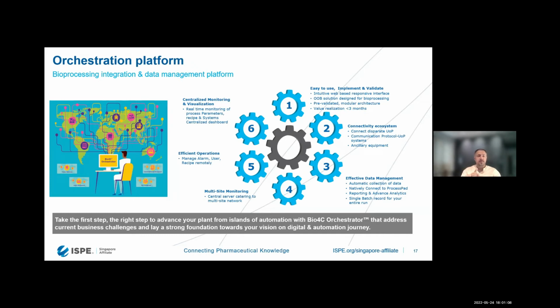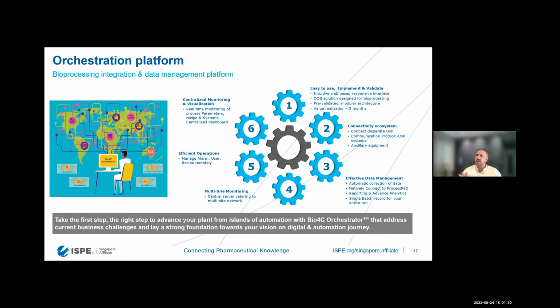Effective data management is key if, as and when the auditors come, so that you can collect all the data from a central historian, and as and when needed, you can give the reports, and if there are questions related to the batch, you can answer those as well.